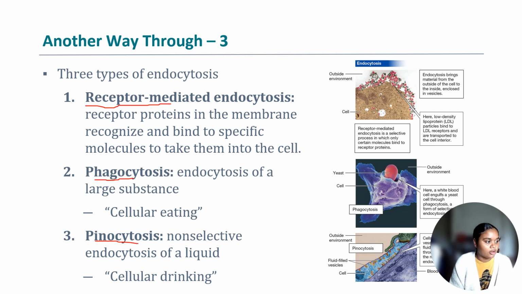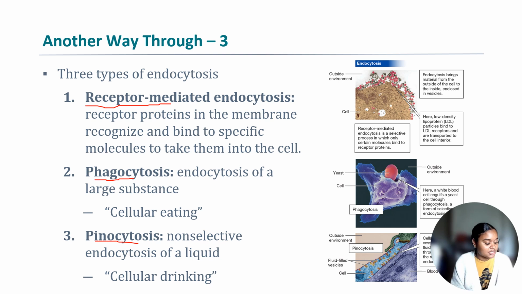A big pearl I want to give you on phagocytosis, I'm going to look up in my textbook. My textbook has little test questions I've already made. When it comes to phagocytosis, is it selective? Yes, it is. Without giving you the test question, I'm looking at it right now: what are three types of endocytosis?